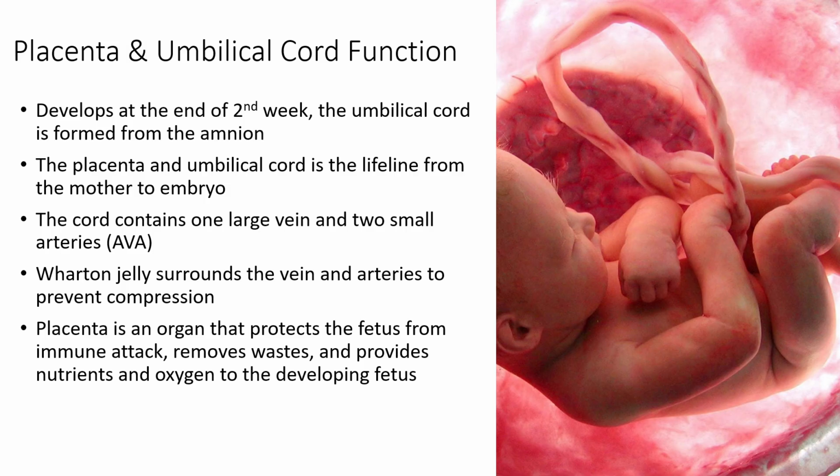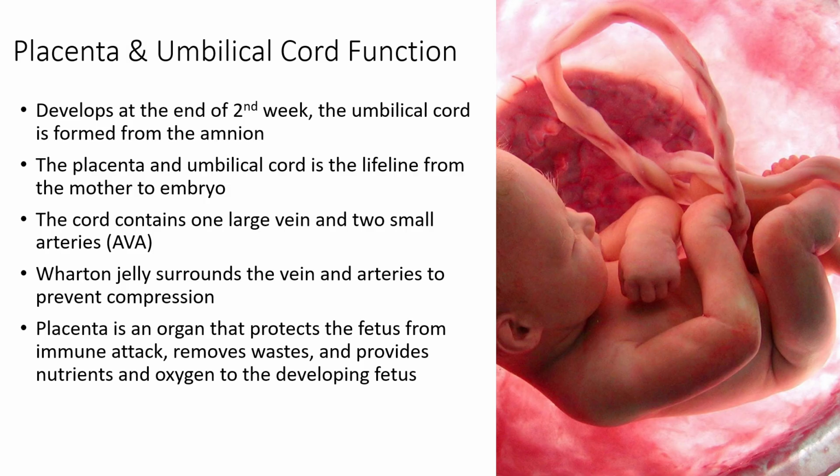All right, so let's talk about the placenta and the umbilical cord function. This happens during the end of the second week. The umbilical cord is formed from the amnion. The placenta and the umbilical cord are the lifeline from the mother to the embryo.